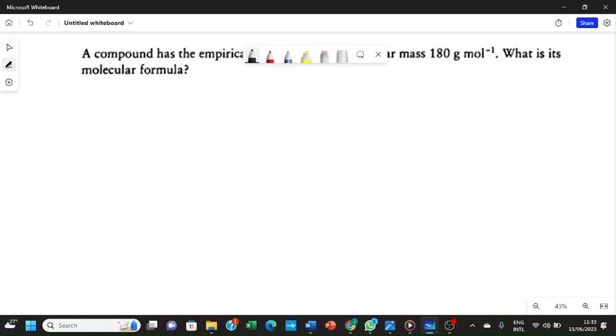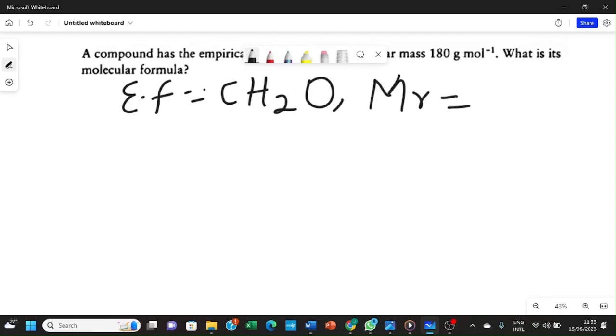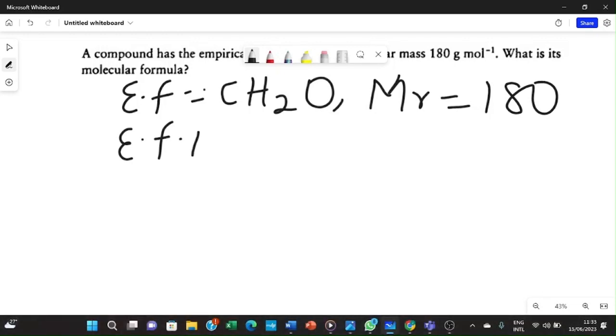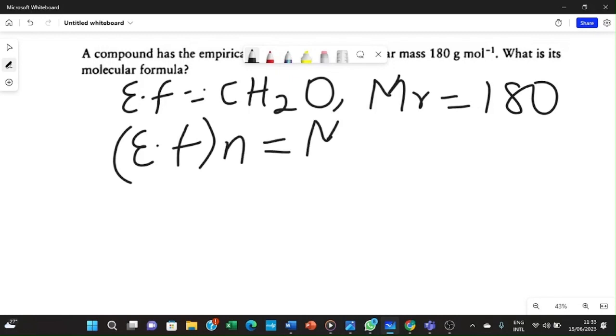Since we already have the empirical formula, CH2O, and the molar mass is 180 gram per mole, it will be the empirical formula, bracket n, is equal to the molar mass.